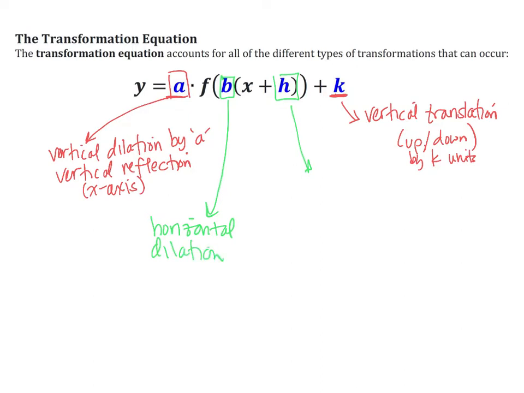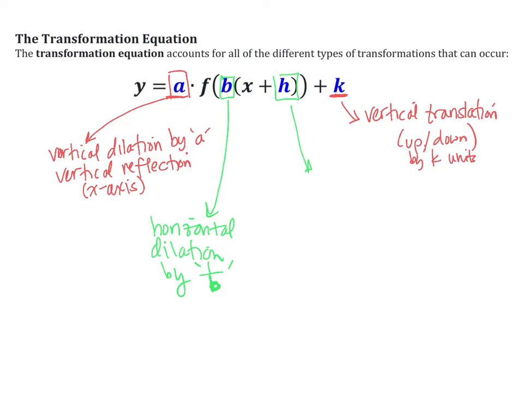And your horizontal dilation means it's going to stretch or shrink, but it's a horizontal dilation by a factor of 1 over whatever B is. So if B was 2, it's actually going to get half as wide as its original. If B is 1/2, then it's going to get twice as wide as the original. So it's a horizontal dilation by a factor of 1 over B. So this right here is a B.